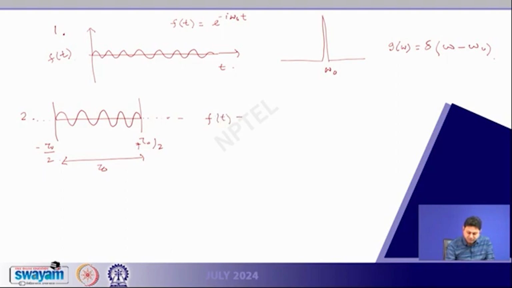My functional form is e to the power of minus i omega naught t with a restriction that it is not for all t's, but only a small span of t, from minus tau naught divided by 2 to plus tau naught divided by 2, and 0 otherwise.